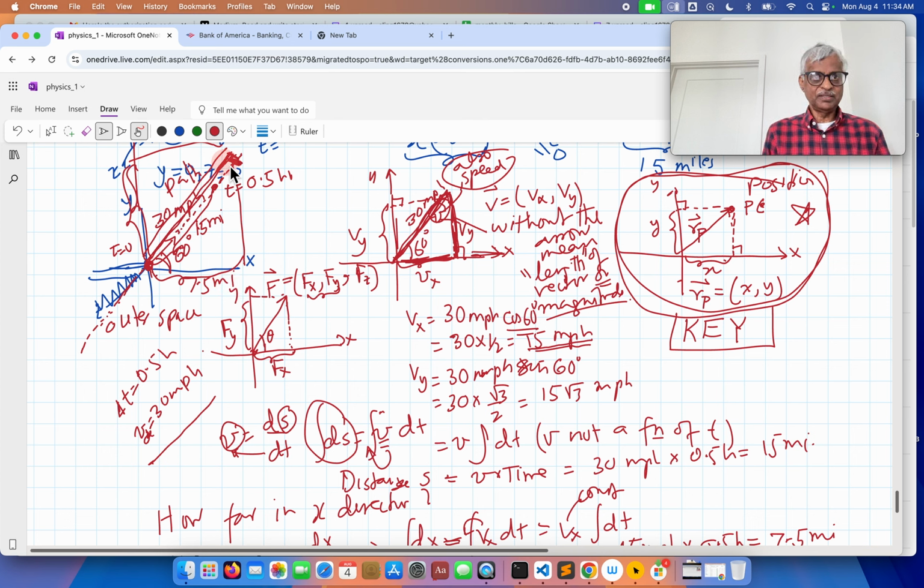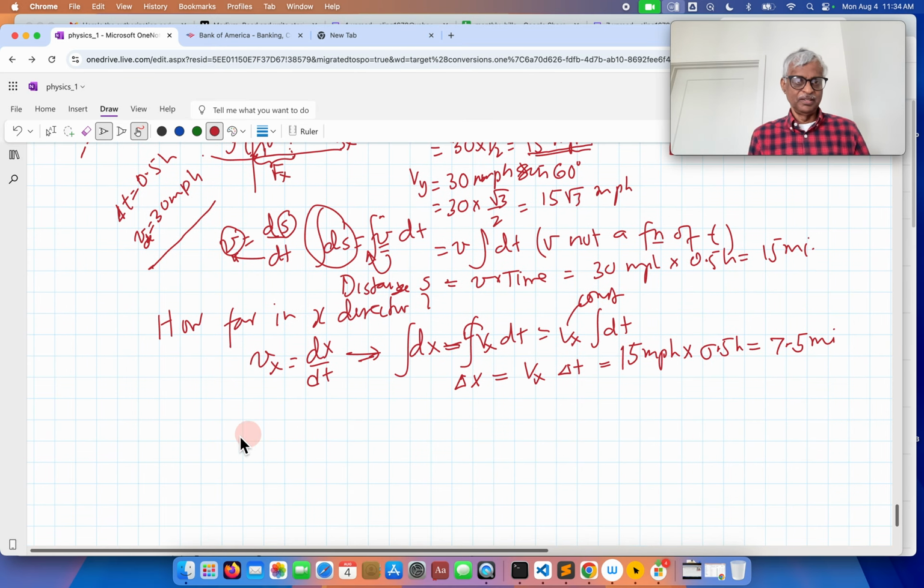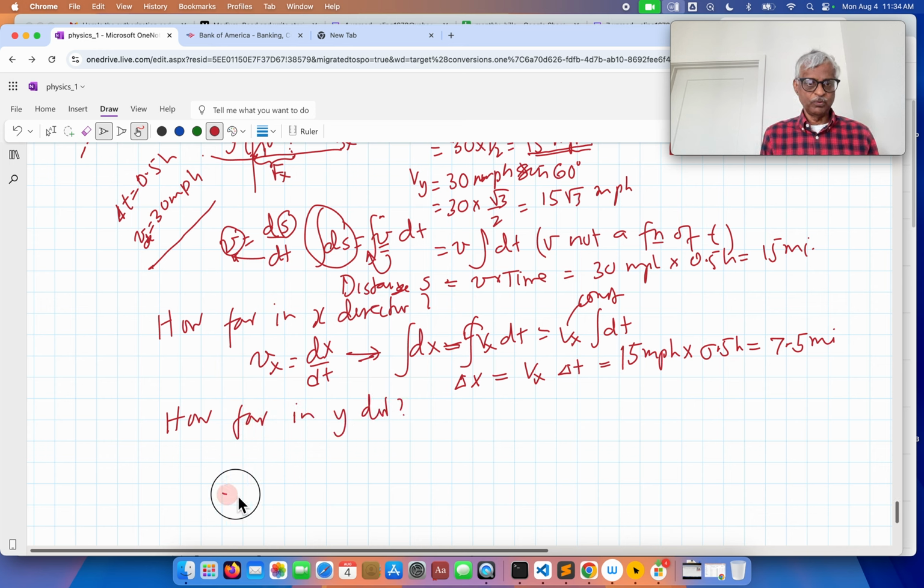Well, you know this and this, so you can figure that out by the Pythagorean theorem. So how far in the y direction? It went delta x here, delta y here, and it went 30 here, 15 here, and this went 7.5 here.